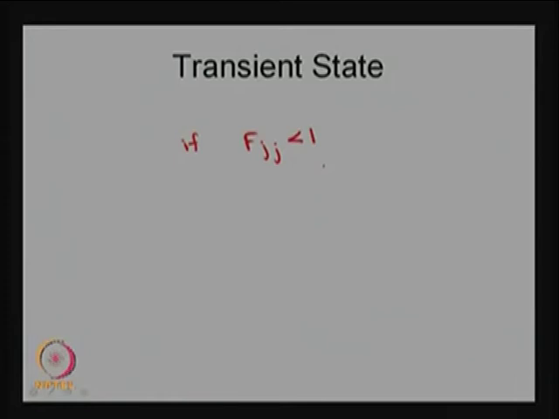That means the probability of returning to the state j starting from the state j is not certain. That means, with 1 minus of this probability, the system may not return to the same state j if the system starts from the state j.